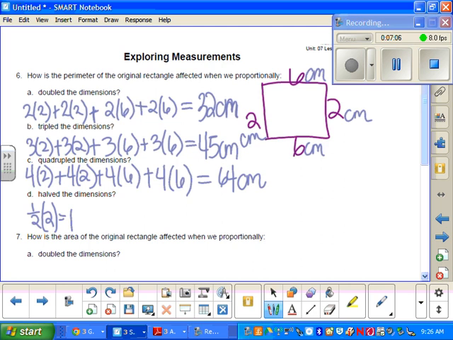And half of our length will be 3. So we have 1/2 times 2 equals 1. 1/2 times 6 equals 3. Which gives us 1 plus 1 plus 3 plus 3, giving us a perimeter of 8 centimeters.